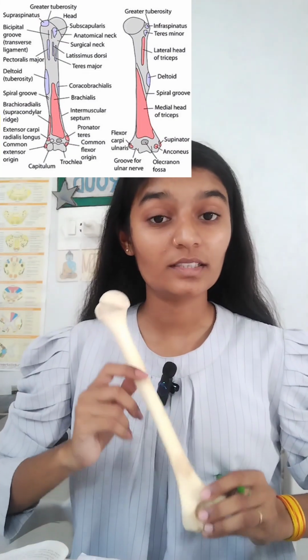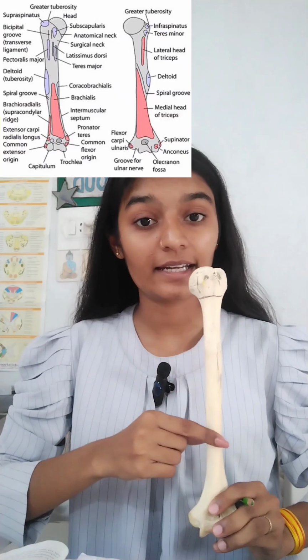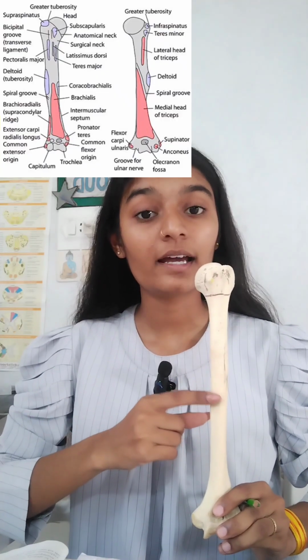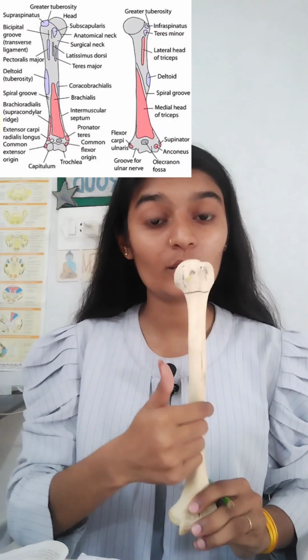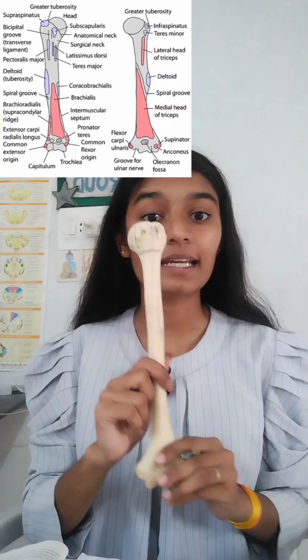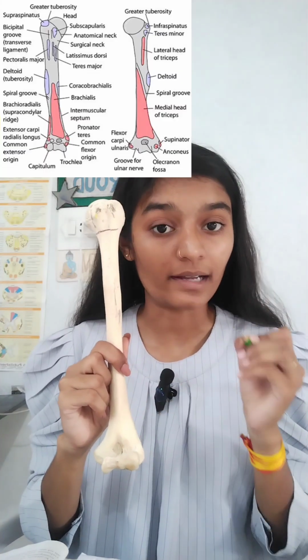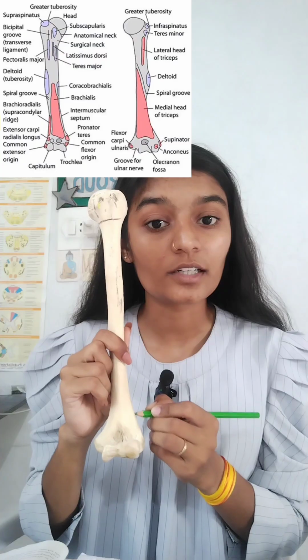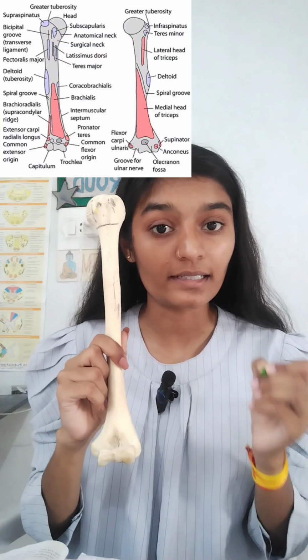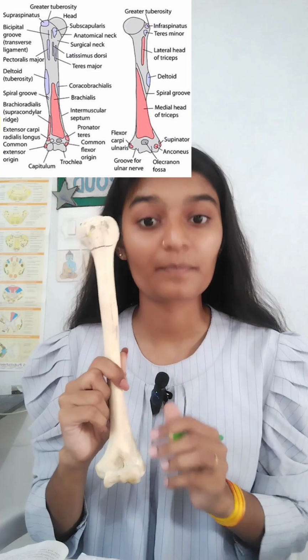And now the origin of the muscles. The brachialis muscle originates from the lower half of the anteromedial and anterolateral surfaces. The brachioradialis muscle originates from the upper one third of the lateral supracondylar ridge, and from the lower one third of the lateral supracondylar ridge the extensor carpi radialis longus muscle originates.